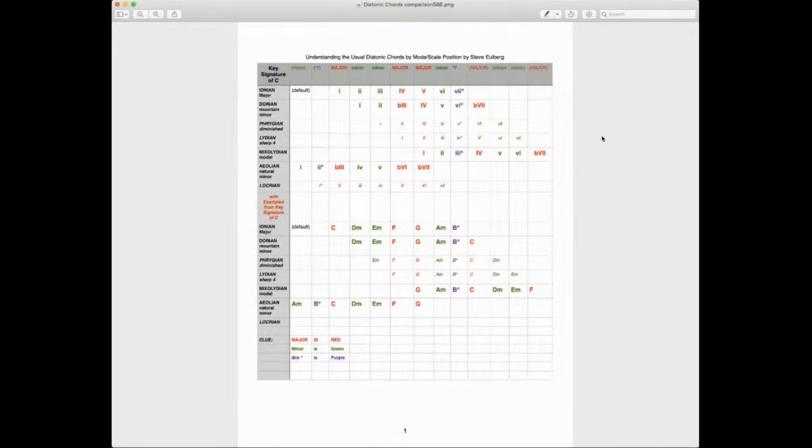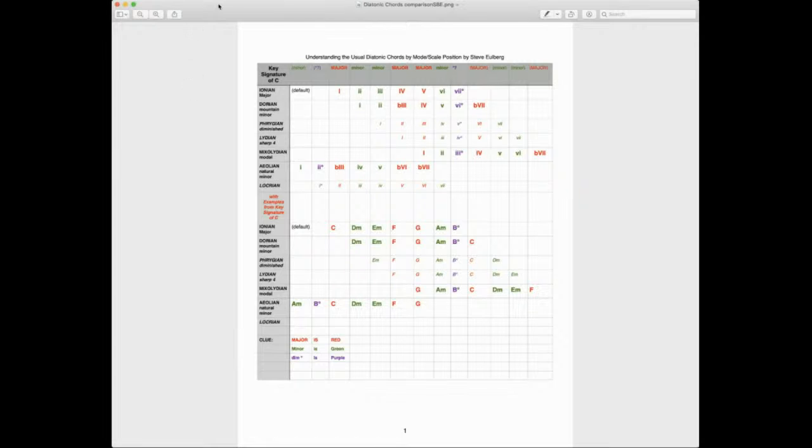Now, if I was to do this in landscape orientation, this Aeolian scale would start over here on what would be the 6 of the Ionian scale, and the Locrian would start on the 7. So this would just shift, and you could see the shift that's happening as we work across this way. Every time we've chosen a key signature, now we're playing everything that's within that key signature, which helps me.